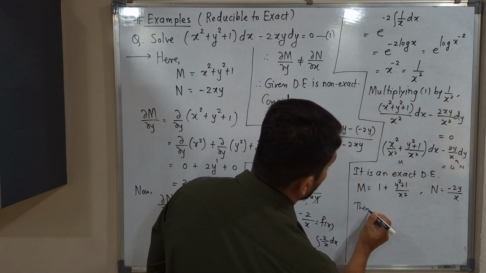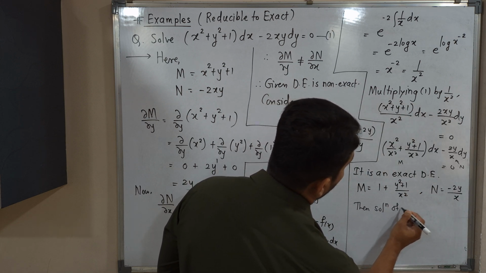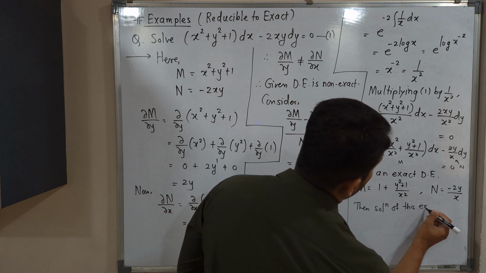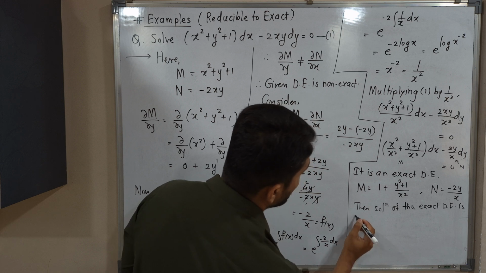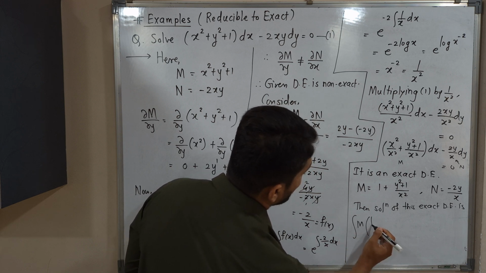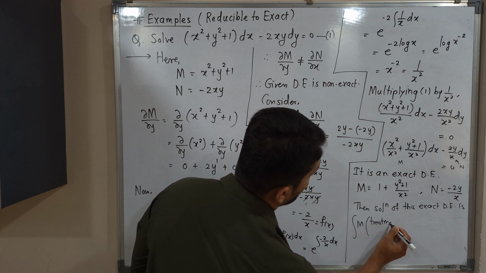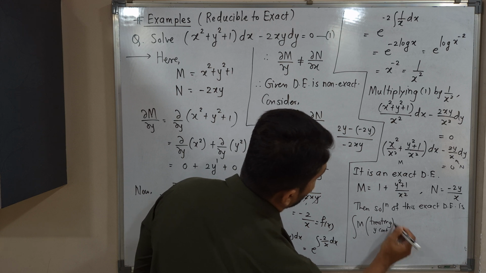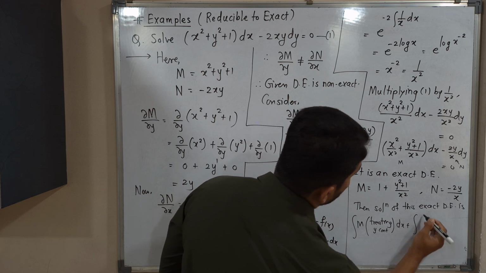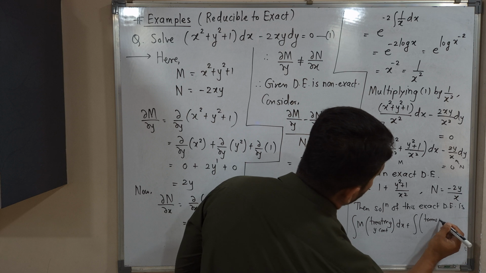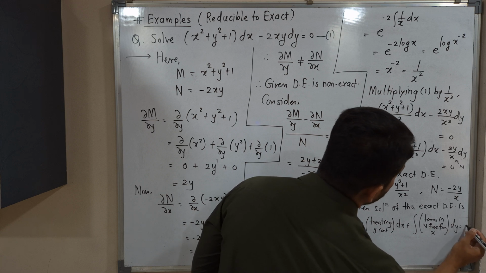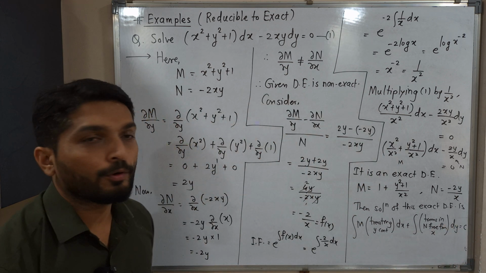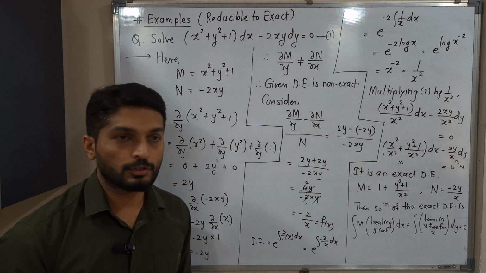The solution of this exact differential equation is integration M treating y constant dx plus integration of terms in N free from x dy is equal to c. This is a fixed formula to find the solution of any exact differential equation.